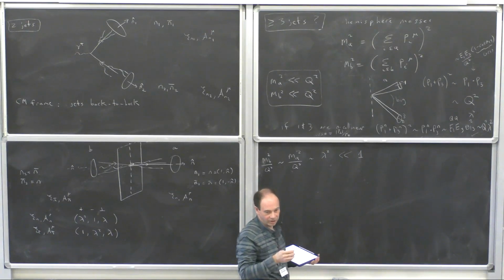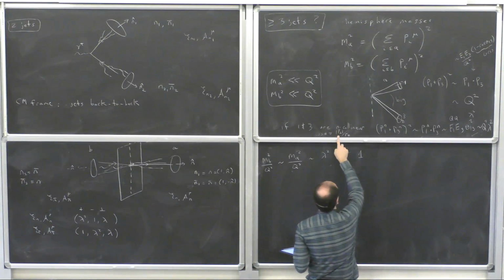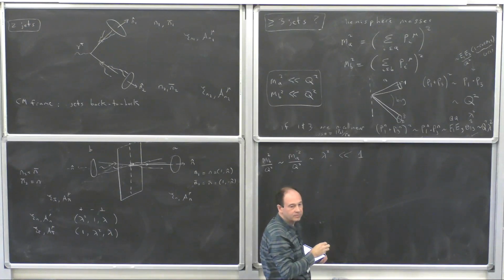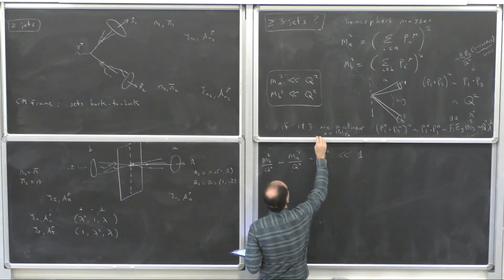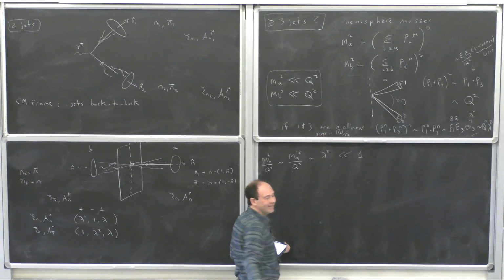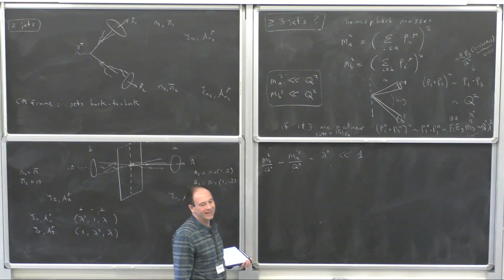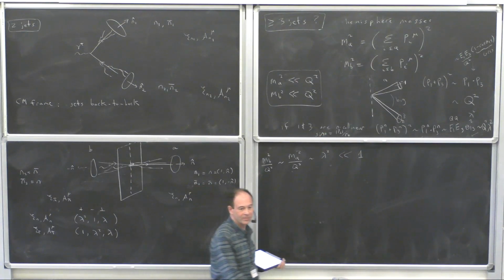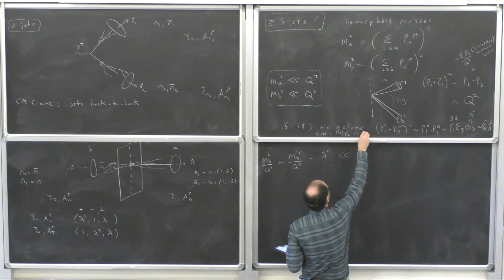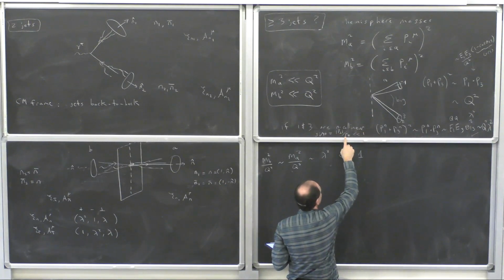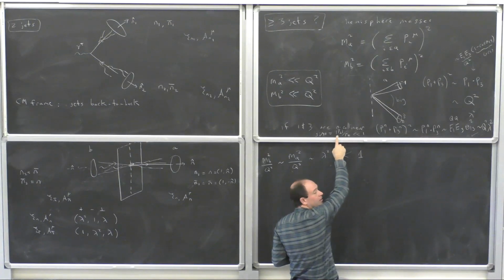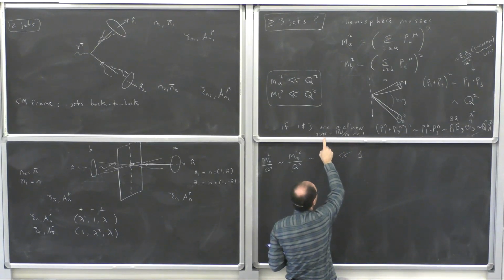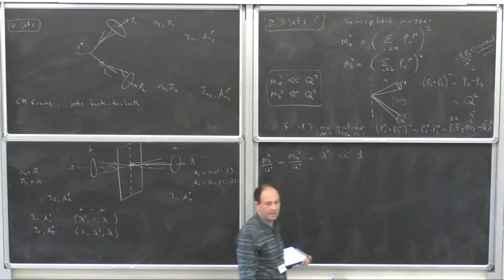So the z is of order Q. The transverse momentum was of order Q lambda. Except this is sine theta, not cos theta. So this is small, and transverse over z is of order Q lambda divided by Q, so just lambda. Then I expand for small theta, and that gives me theta of order lambda.